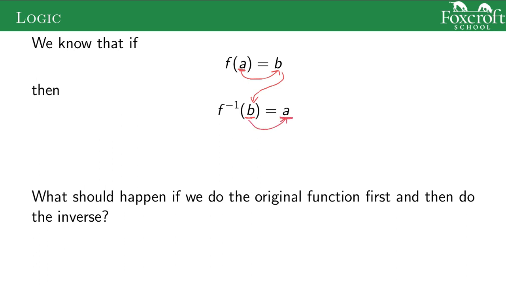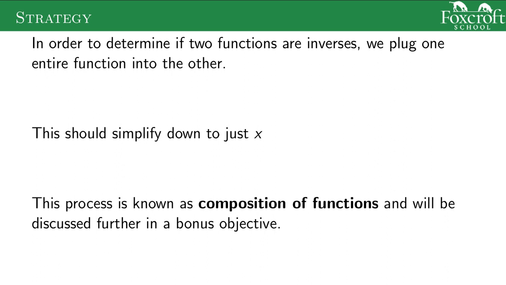So if I follow this chain, I started at a, and I ended at a. And that makes sense because my inverse just does the reverse of the original. So if I do the original function, the inverse just sends me right back to where I started. So if two functions are inverses, when you do one and then the other, you always get back to where you started.